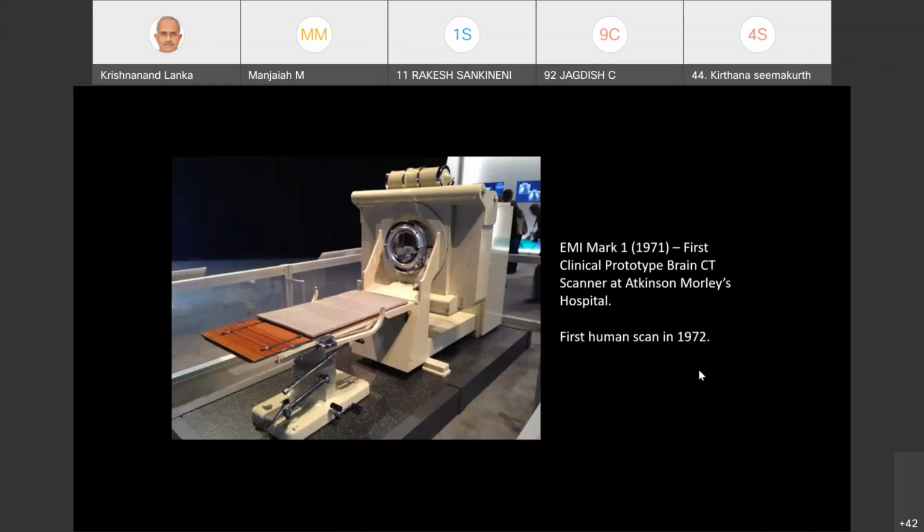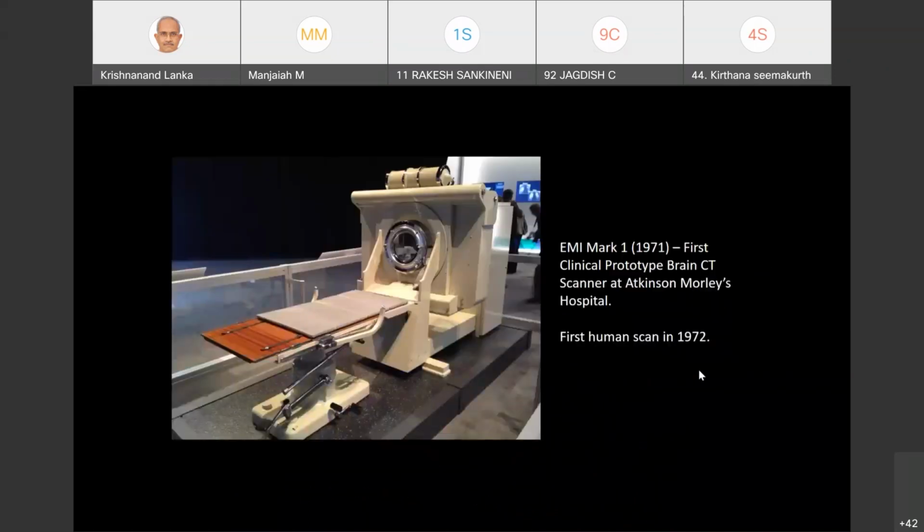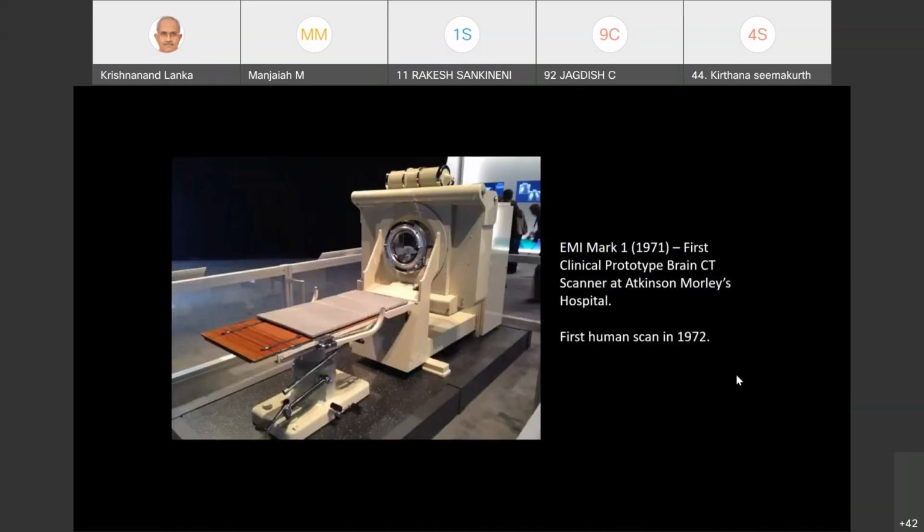From that he made a lot of improvements. He named his first machine EMI, after Electric and Musical Industries, so he called his model the EMI Mark 1.